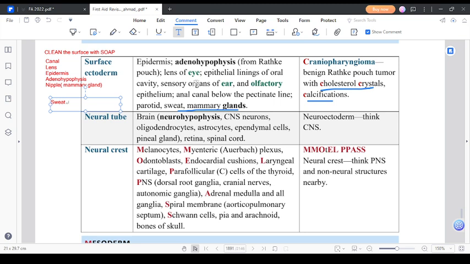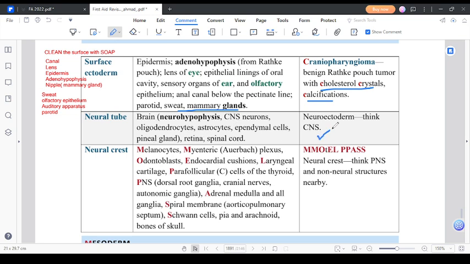The derivatives of the neural tube are the brain, neurohypophysis, CNS neurons, oligodendrocytes, astrocytes, ependymal cells, pineal gland, retina, and spinal cord. So neuroectoderm, think CNS.